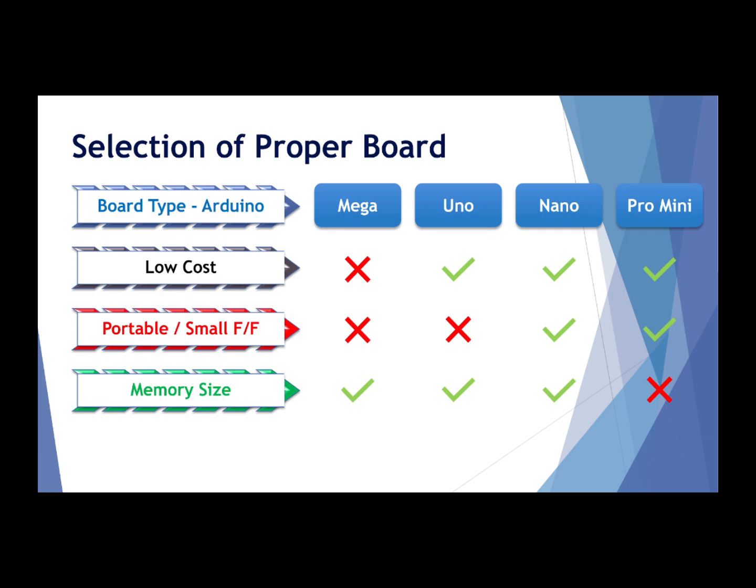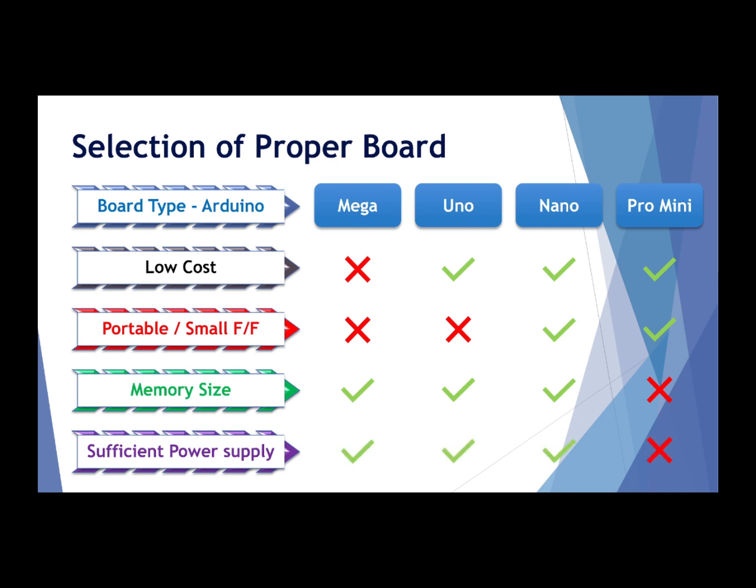Along with that, the Pro Mini has one more disadvantage: it cannot provide a proper power supply. So if I want to satisfy all these criteria, then there is a clear picture in front of you. I think you have understood. Yes, right. We have selected Arduino Nano for our project.